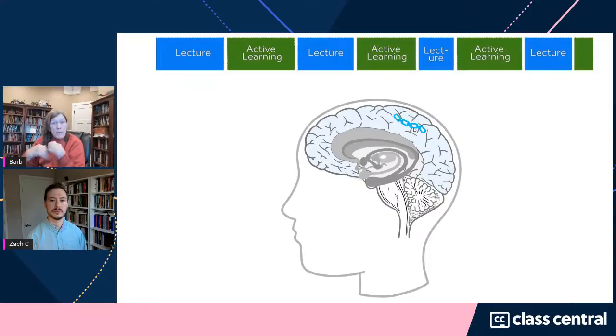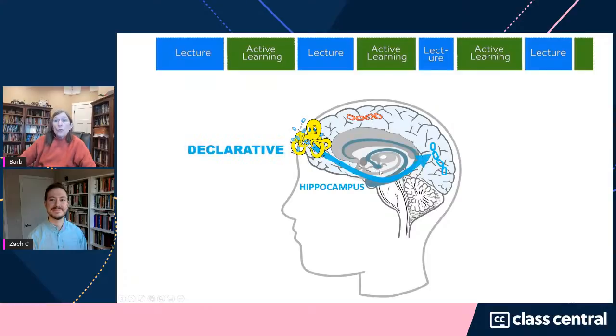But what I didn't mention was that there's two ways that those sets of links can be laid into long-term memory. The first is called the declarative system. It takes information from working memory through what's called the hippocampus and into long-term memory. The second way of learning is what's called procedural, and it goes through the basal ganglia.